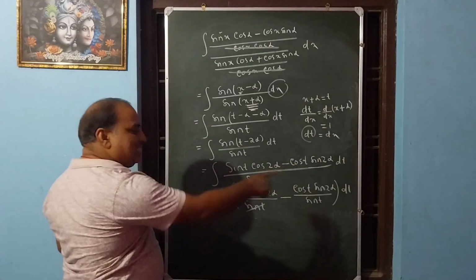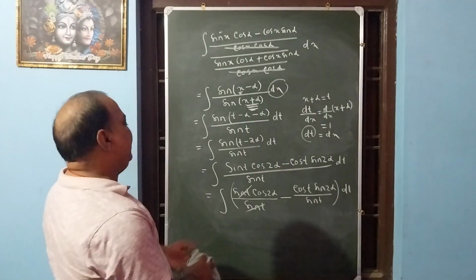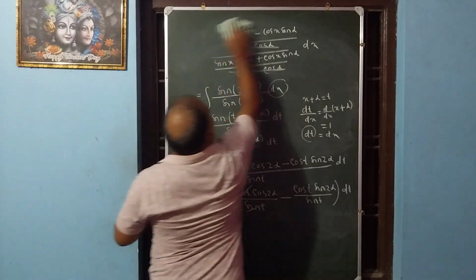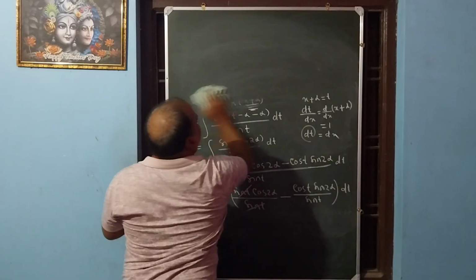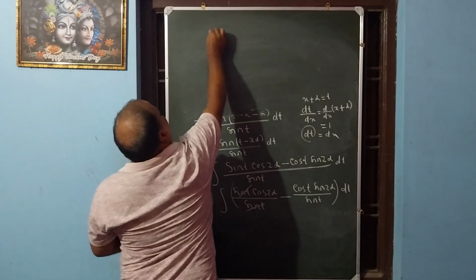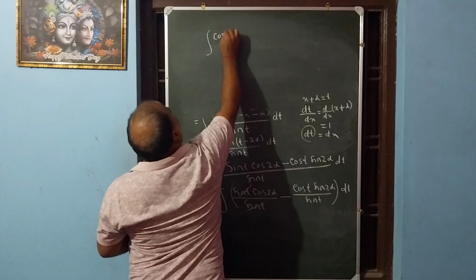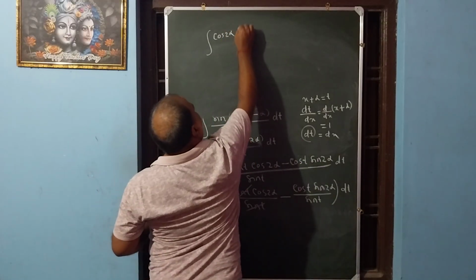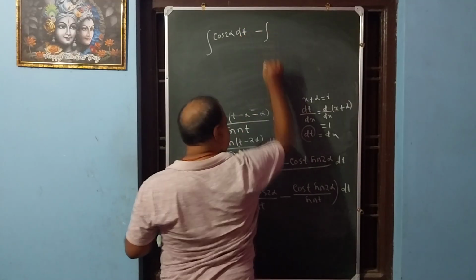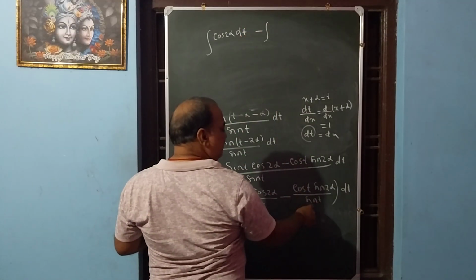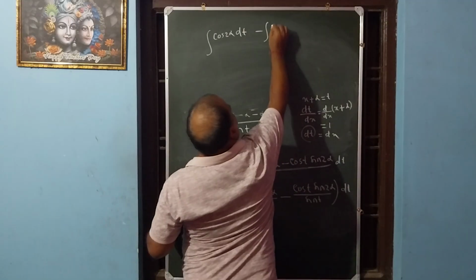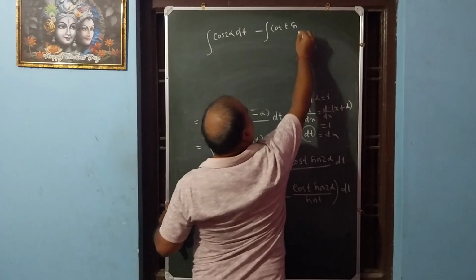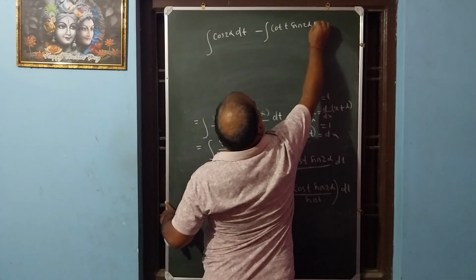Here the integration of a difference is equal to the difference of the integrations. Apply that formula. We get integration of cos 2 alpha into dt minus integration of cot t into sin 2 alpha into dt.